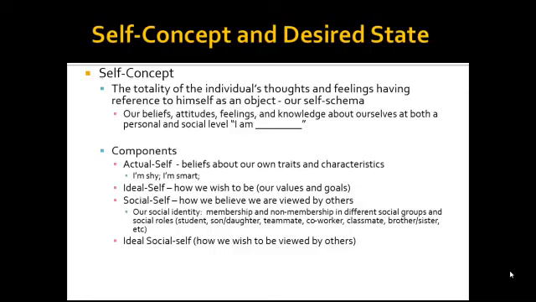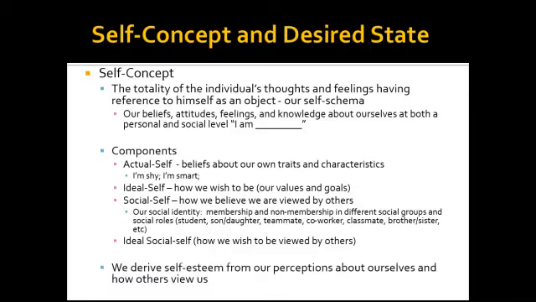And lastly, there's the ideal social self, how we wish to be viewed by others. Especially the social identity, but all of the different selves are important to us because as we compare and see how we're doing compared to our actual self or our social self, or how we think others view us, or our ideal self, that is how we derive self-esteem.